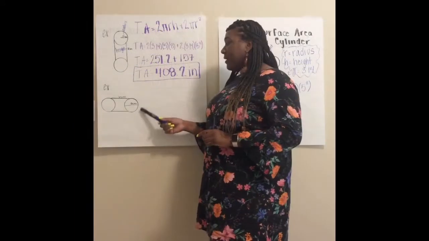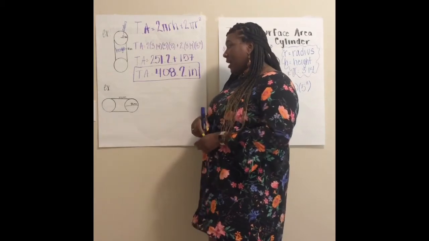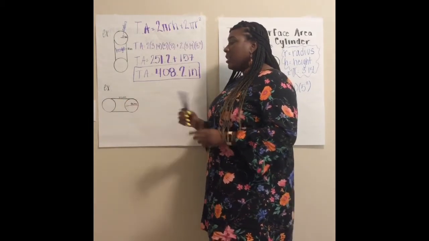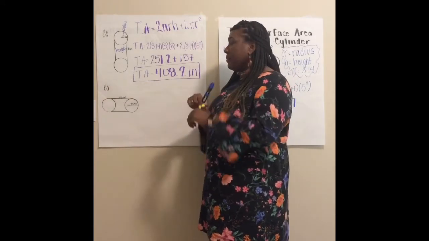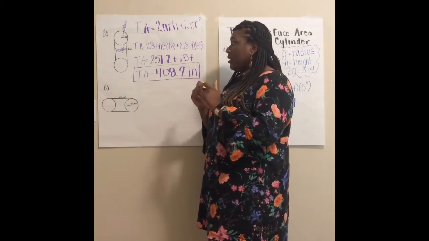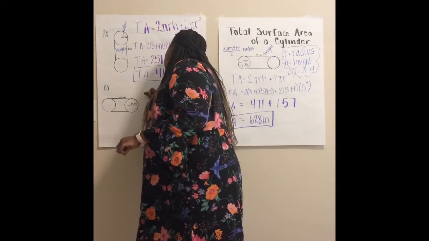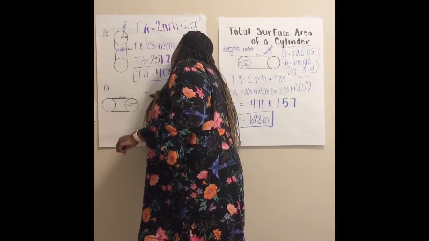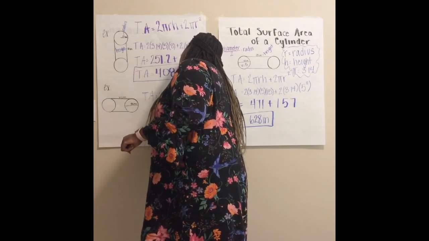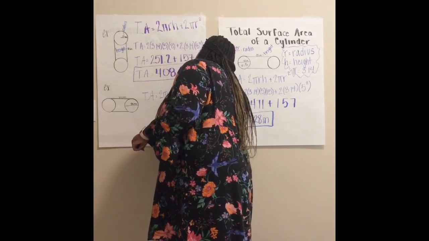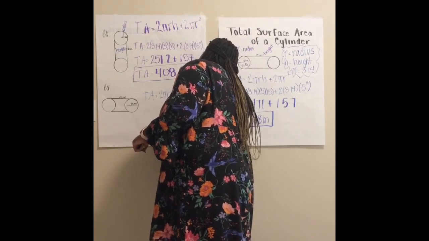Okay, so now we're on to our last example problem. Our cylinder is just turned on its side. First things first, let's get that formula written out. TA equals 2 pi R H plus 2 pi R squared.